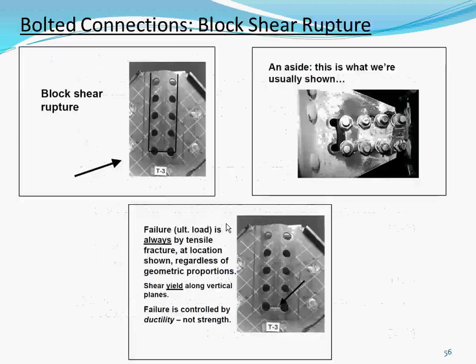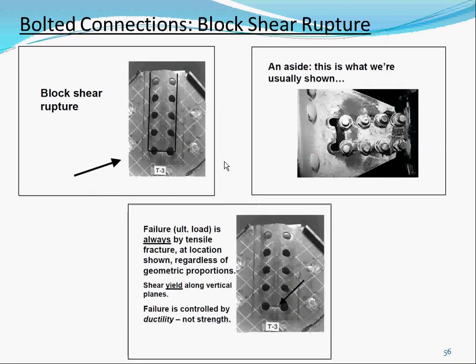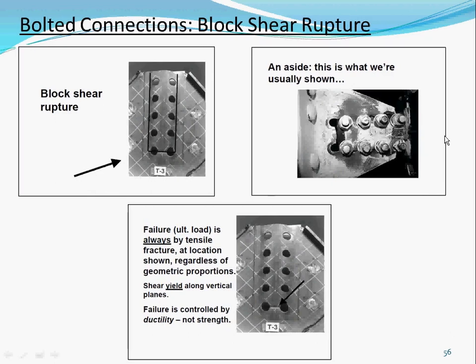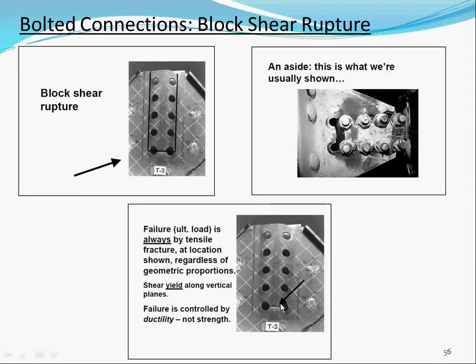Another failure mode instead of the bolt hole bearing is block shear. You could fail in this way and tear out the whole thing. But what they see is you always fail along the bottom first, then you tear out off the bolts.